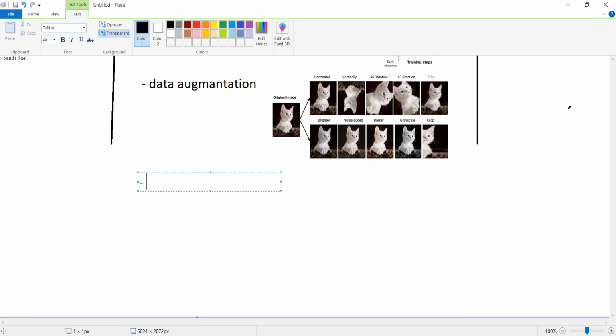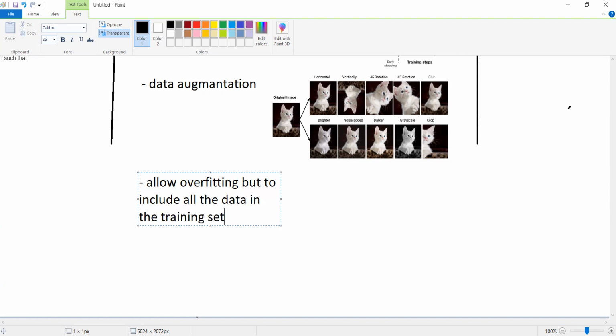So the people said that we can allow overfitting, but to include all the data in the training set.